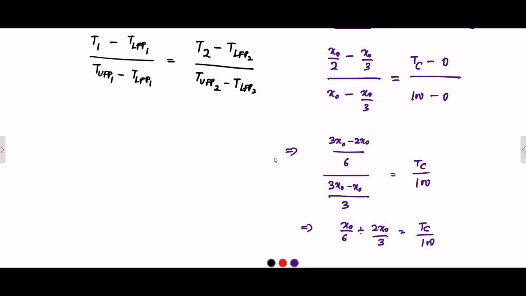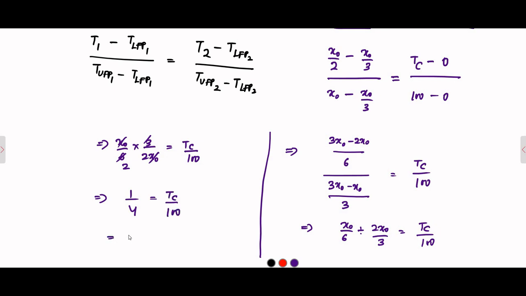So I'm taking it on this side: x0 by 6 into 3 by 2x0 is equal to Tc by 100. x0 gets cancelled, 3 by 6 is 1 by 2, so that implies 1 by 4 is equal to Tc by 100.